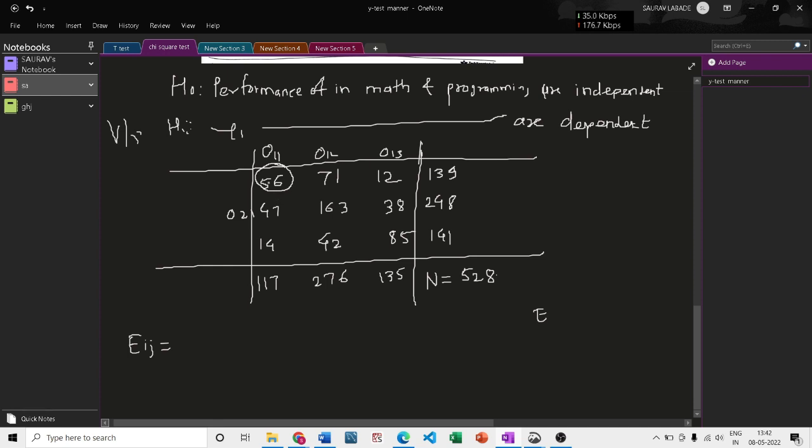Now I have to find E11. Here the row totals are A1, A2, A3 and the column totals are B1, B2, B3.